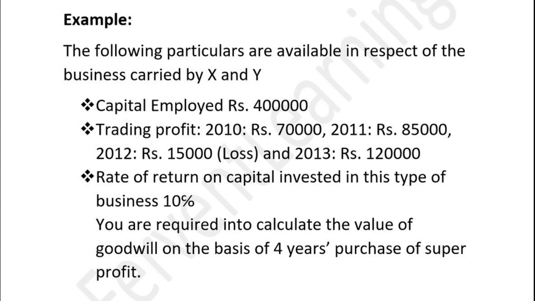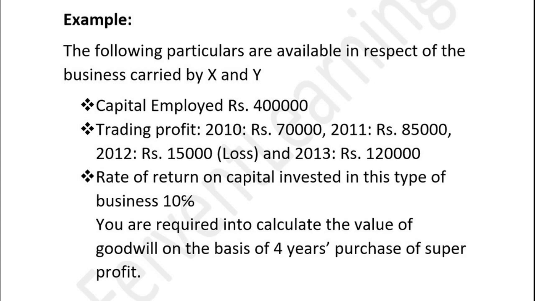So look at the example. The following particulars are available in respect of the business carried on by X and Y. Number 1, capital employed rupees 4 lakh, trading profit of 2010, 70,000, 2011, 85,000, 2012 there is a loss of rupees 15,000, and in 2013 profit of rupees 1,20,000.